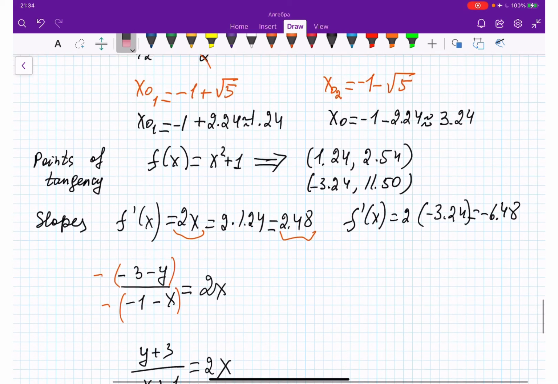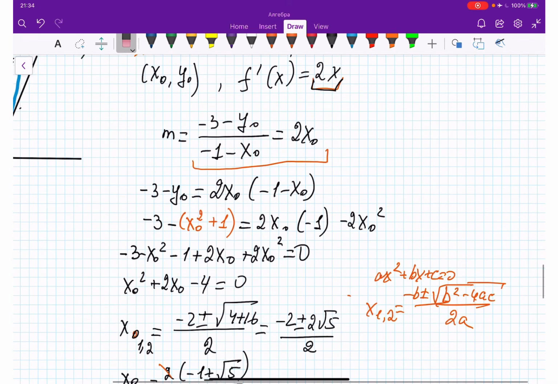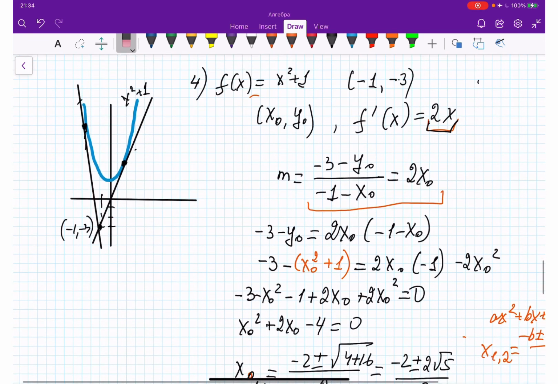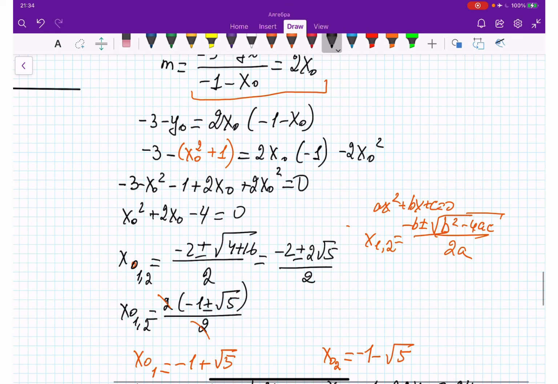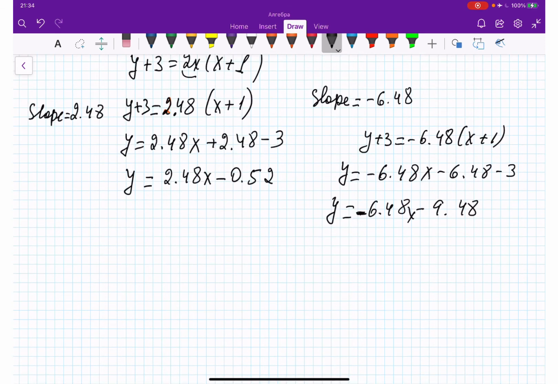Let's go back to our graph. Here it is. So decreasing line, this is this one, right? Yes. And the other one is increasing, so slope has to be positive. Let me go check. I believe it was positive. Yeah, 2.48x minus 0.52.